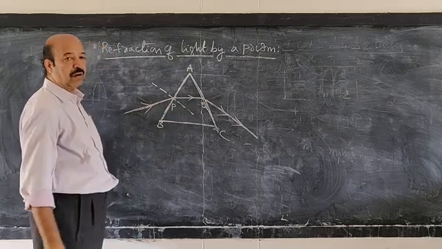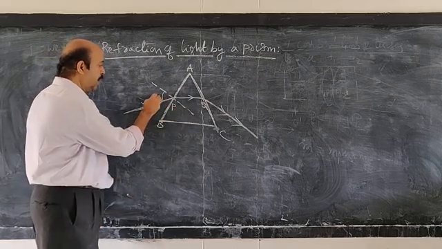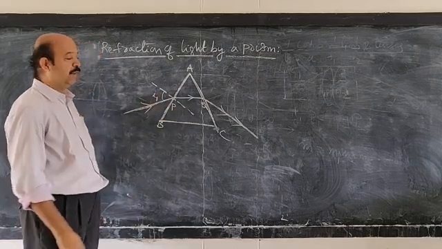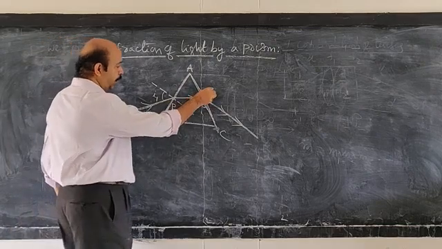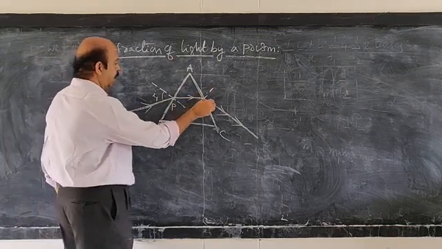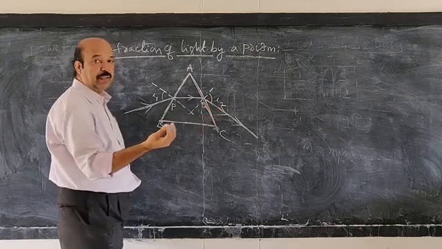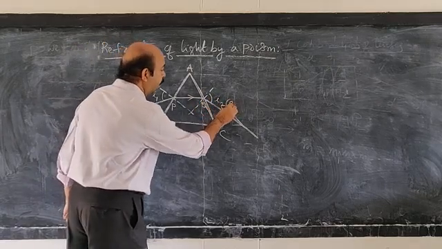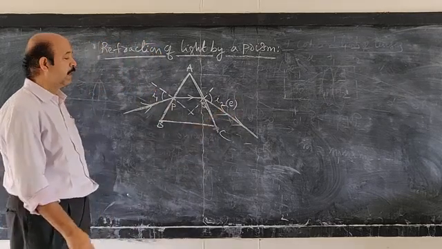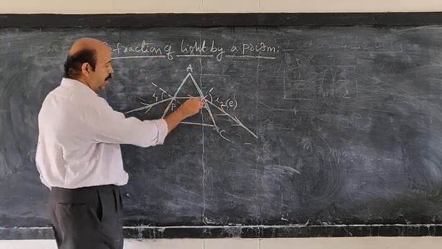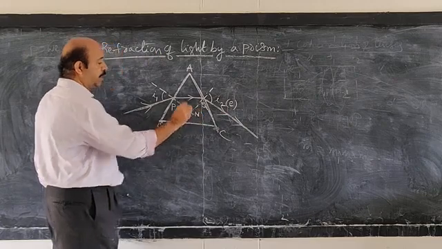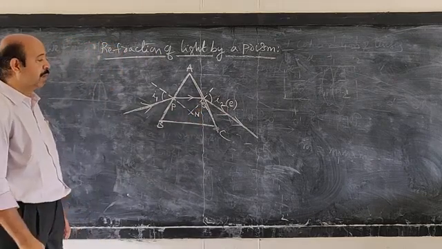So this is the normal drawn, and this is the angle of incidence I1. Now similarly you draw a normal here, and this is say I2. In your textbook it is given as angle of emergence E. Now both these normals suppose meet at a point N.